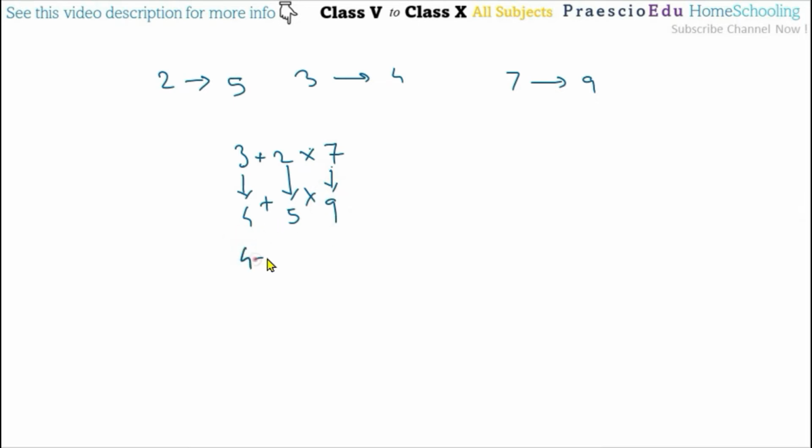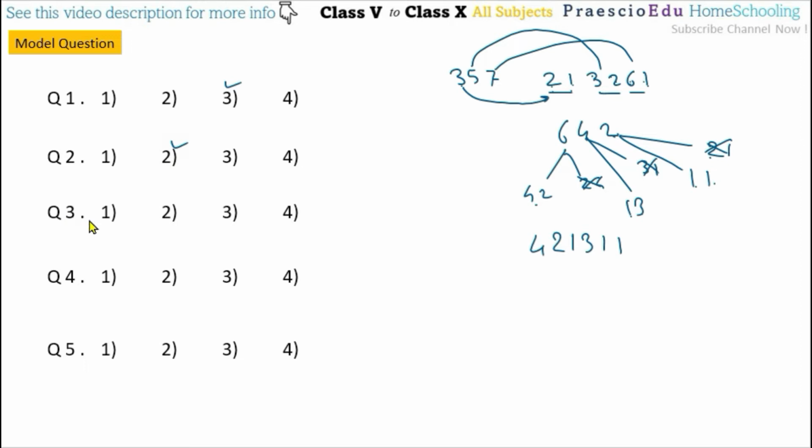So 4 plus 5 multiplied by 9, multiplication we do first. So 4 plus 45, that is 49, and 49 is given in option number 2.